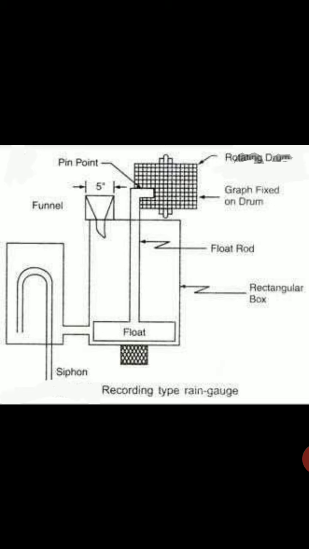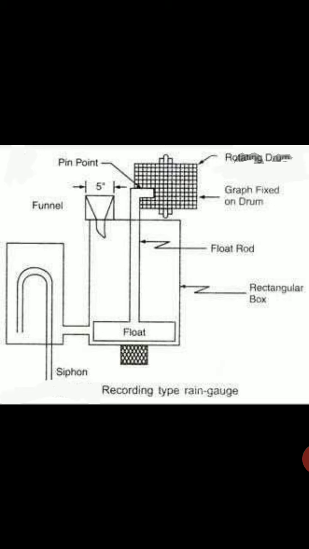Third point, dents in the collector rim may change its receiving area. Fourth point, funnel and inside surface require about 2.5 mm of rain to get moisture when the gauge is initially dry. This may amount to the extent of 25 mm per year in some area.